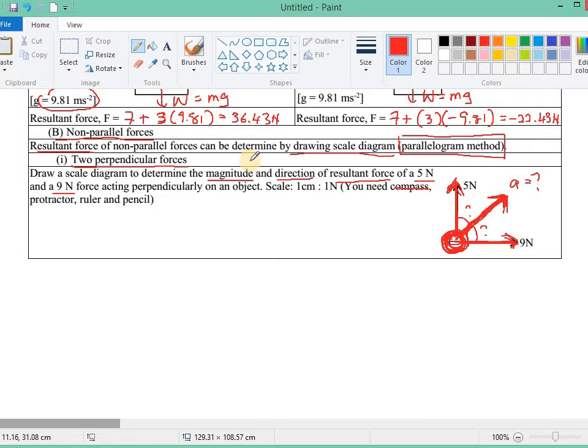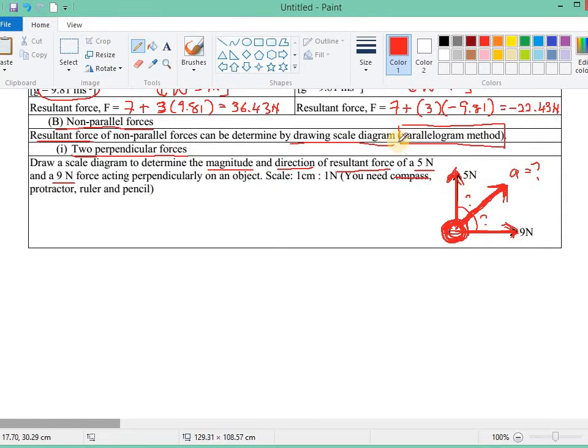So we can use this parallelogram method.